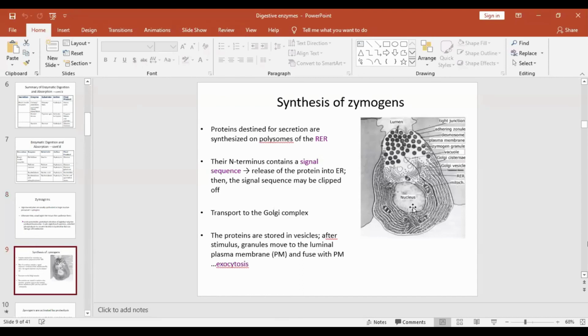If it is synthesized through the rough endoplasmic reticulum, it comes towards the Golgi apparatus through vesicles. That direction is provided by this N-terminal signal sequence. If that is lacking, the proteins may remain inside the cell itself and may not be secreted. In this way, the synthesis of zymogens or any proteins may occur.